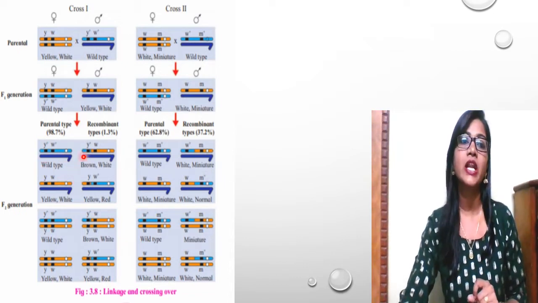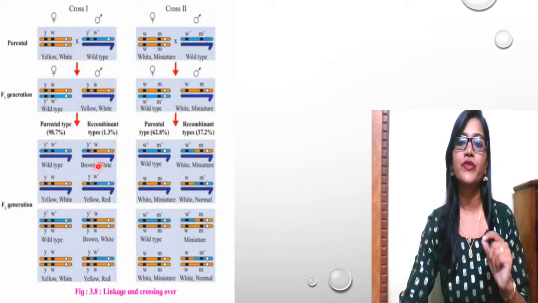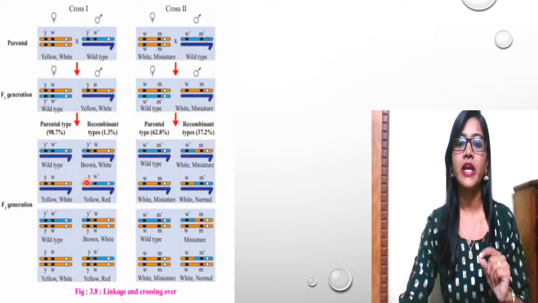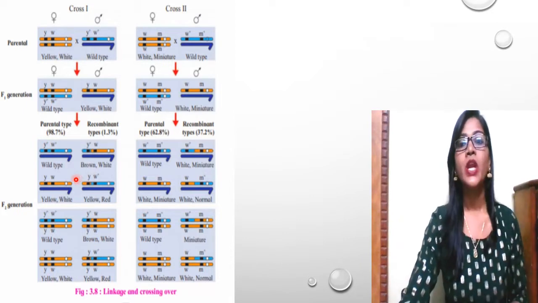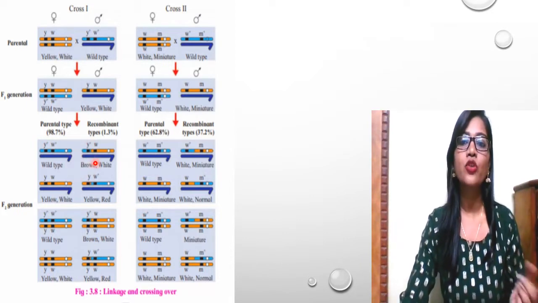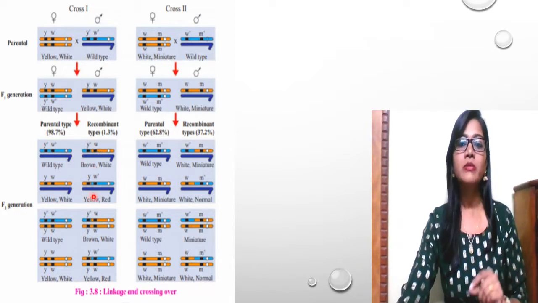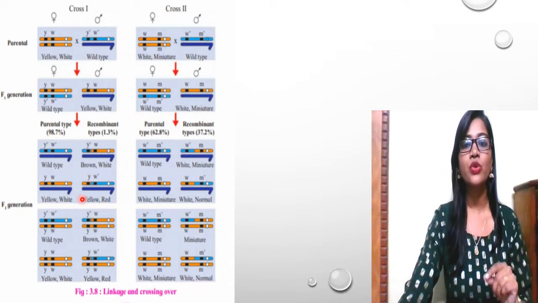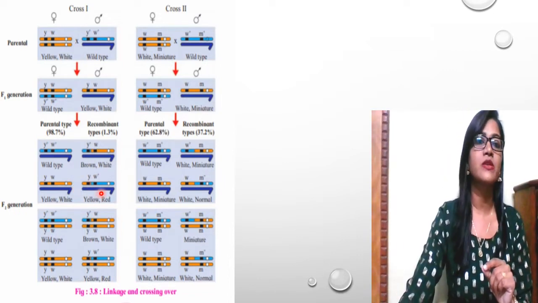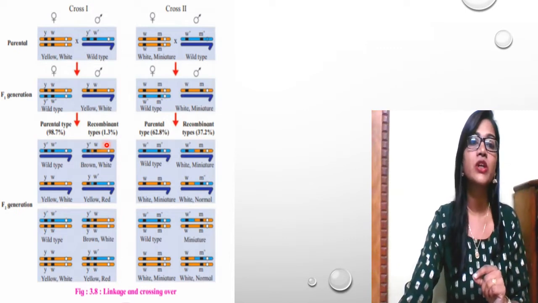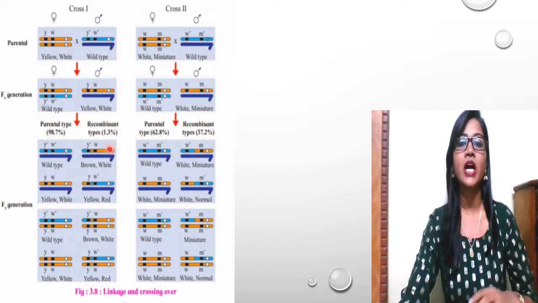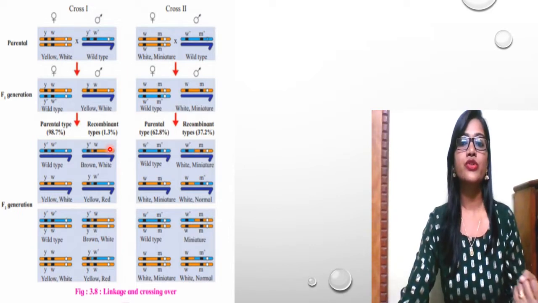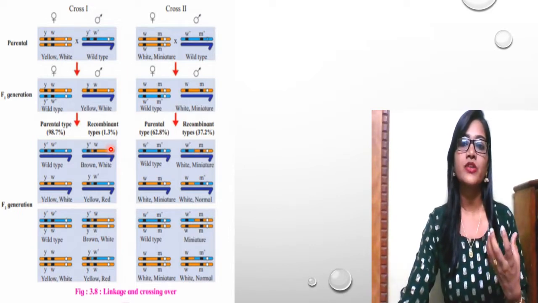When the genes are linked together, that type of association gets expressed. He also found that when genes are grouped on the same chromosome, some genes are strongly linked. They show very few recombinations. For example, in cross one, you can observe 1.3% recombination when the genes are very close to each other, strongly linked.